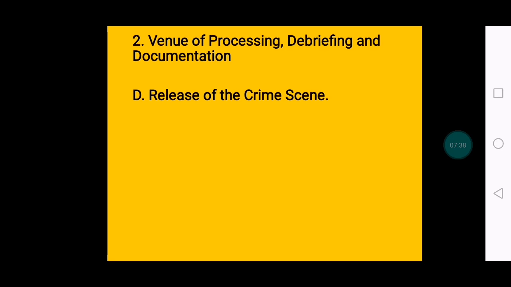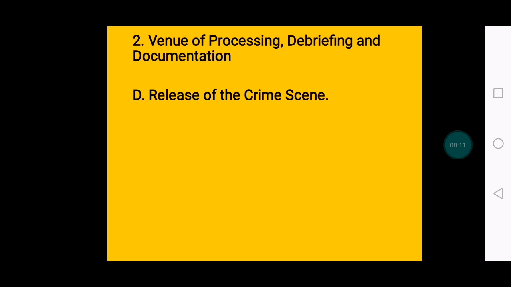Venue of processing, debriefing, and documentation. In here, they will consider the instability of the situation, the safety of the responders and persons found at the scene of the crime, and the preservation of the place of incident. Venue, debriefing, and investigation shall be at a neutral and secured place.